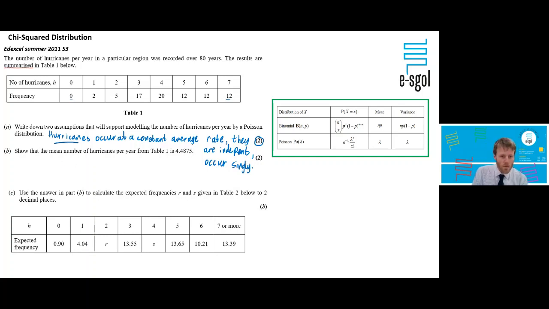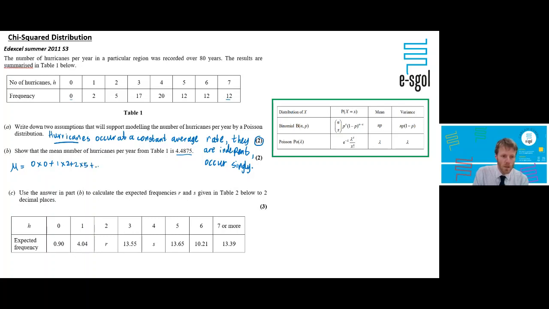Show that the mean number of hurricanes per year from table 1 is 4.4875. So our mean number of hurricanes, and this is kind of going back to maths that you might have done in year 7, the mean from a frequency table, you're doing the number of hurricanes times the frequency, add the number of hurricanes times the frequency, and you're just doing that for each of the parts of the table.